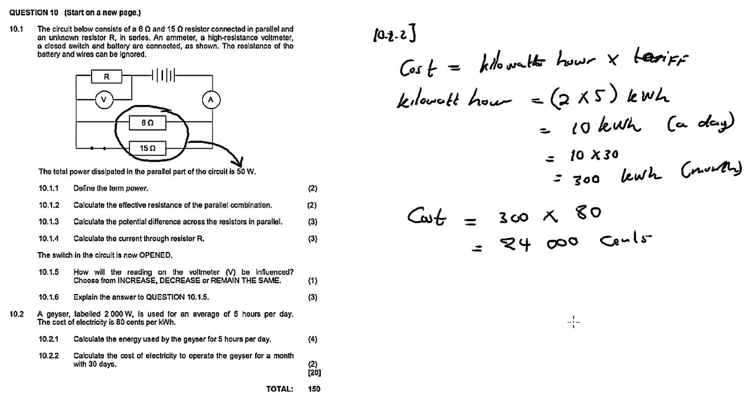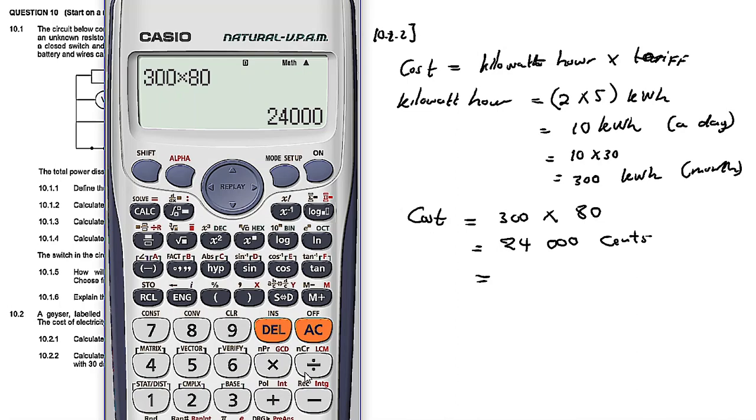But it doesn't make sense. 24,000 cents. It doesn't make sense with the answer here to be in cents. Like it's much better if she expresses her answer in rands. We know how many cents go in 1 rand.